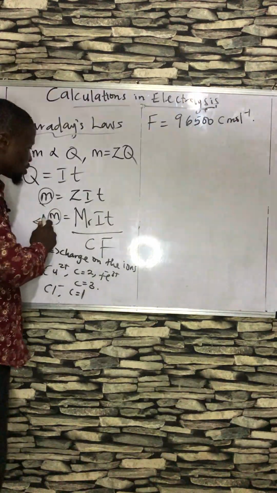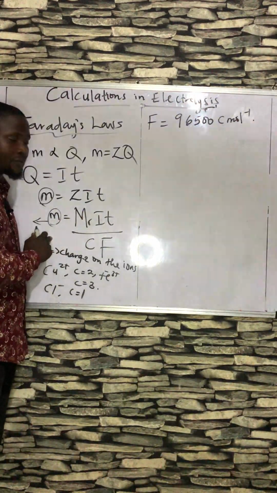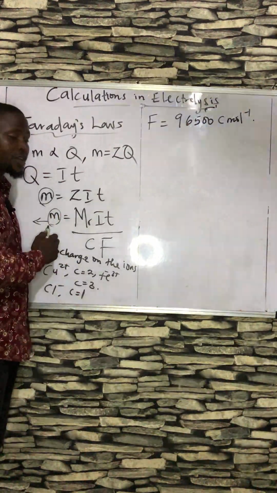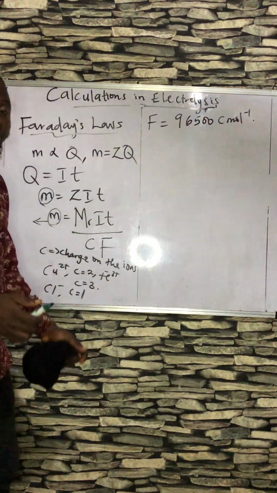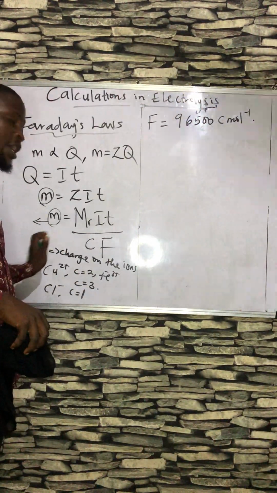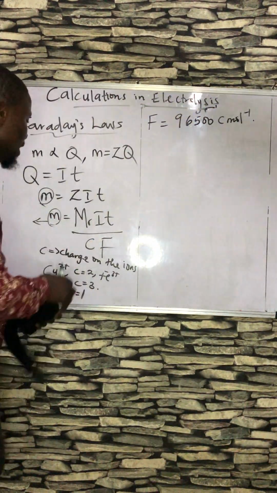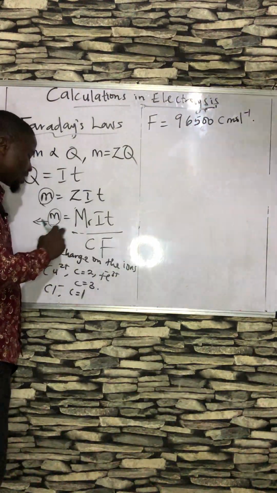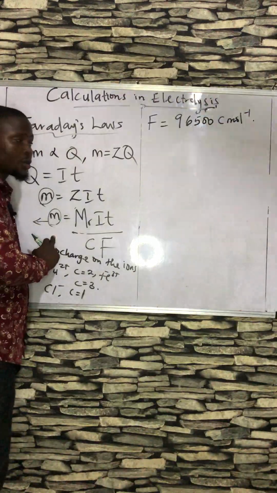Now, M is equal to Mr IT over NF. If I want to have similar things on both sides of the equation, what that simply means is that if I want to have numerator and denominator here, I can bring this relative atomic mass or molecular mass to be the denominator here.